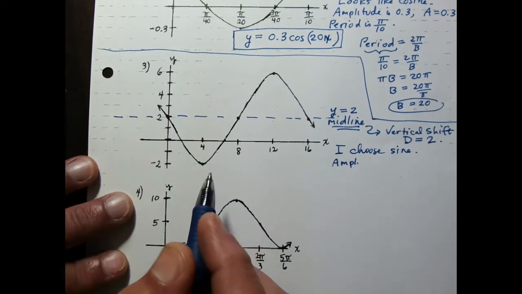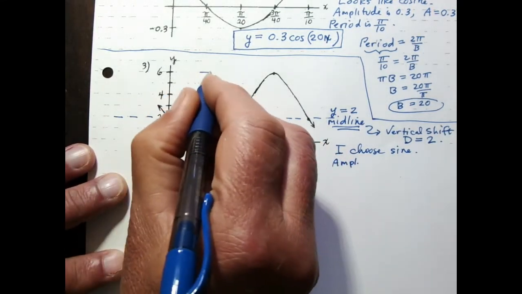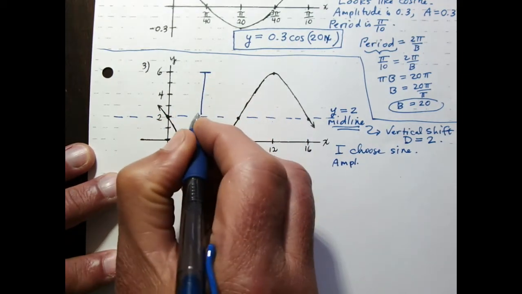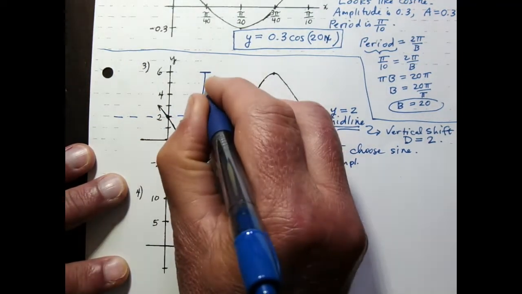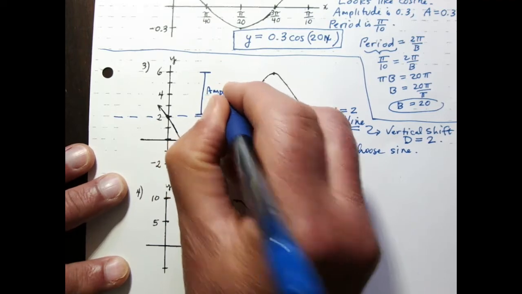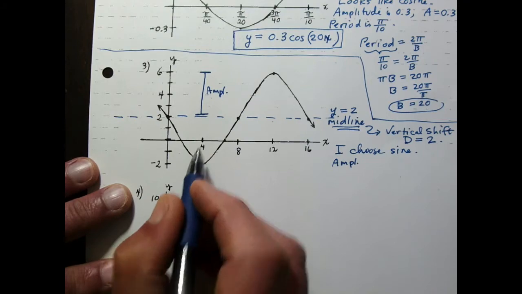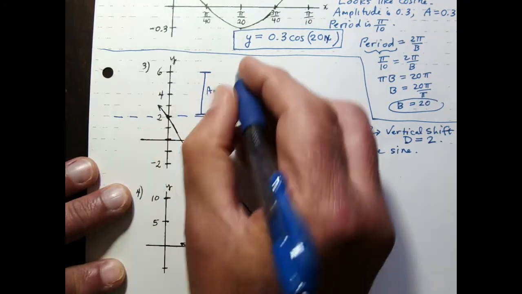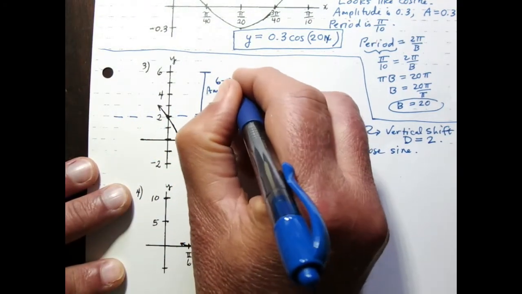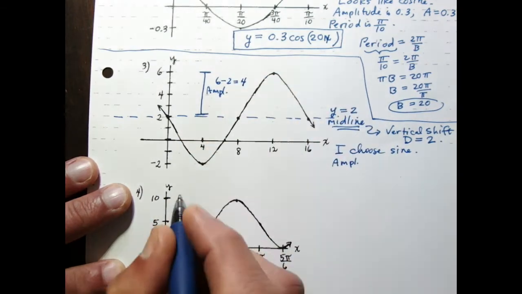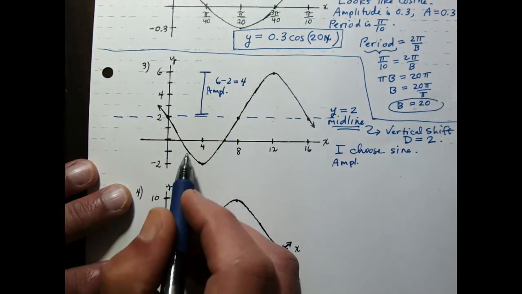The amplitude is the distance from the midline to the top, or from the midline to the bottom would be the same. So it's actually 6 minus 2, which is equal to 4 units.